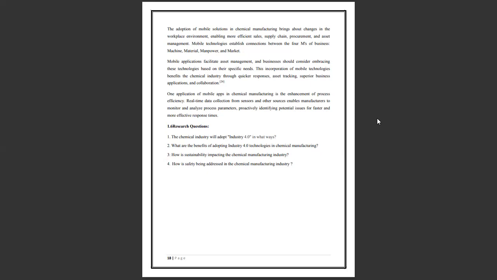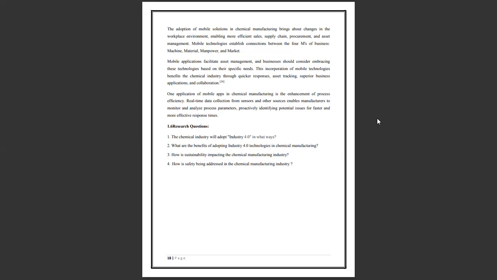One application of mobile apps in chemical manufacturing is the enhancement of process efficiency. Real-time data collection from sensors enables manufacturers to monitor and analyze process parameters, proactively identifying potential issues for faster and more effective response time.